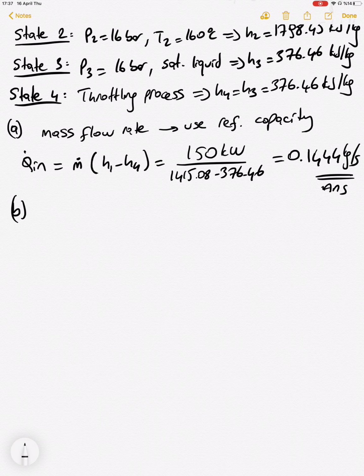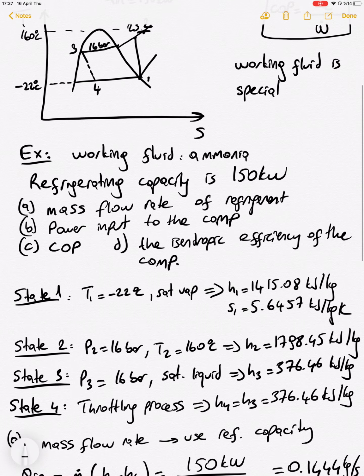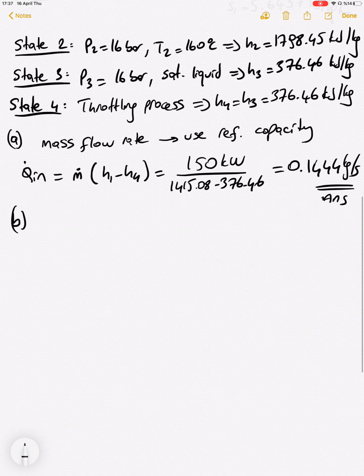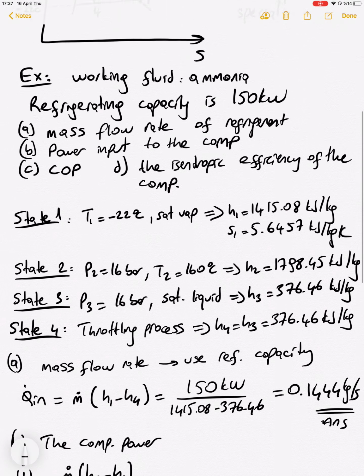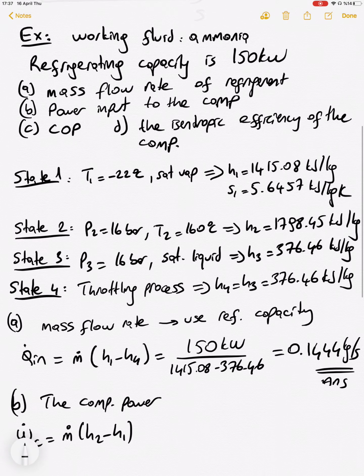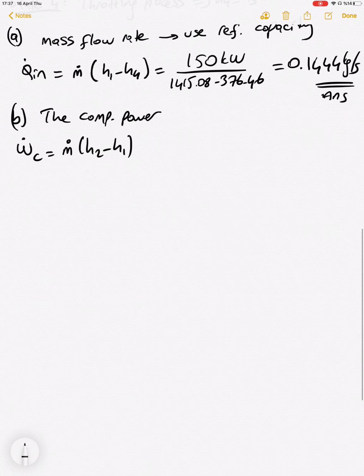So part B, we are required to calculate the power input to the compressor. The compressor power is m dot times H2 minus H1, by knowing this information. So this is going to be equal to 0.1444 kilogram per second times H2 minus H1.